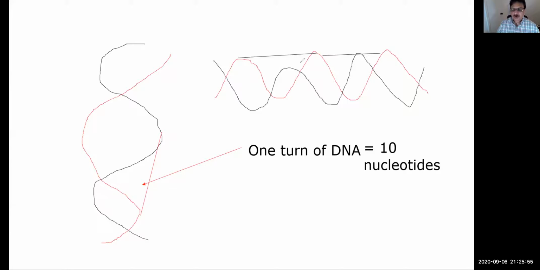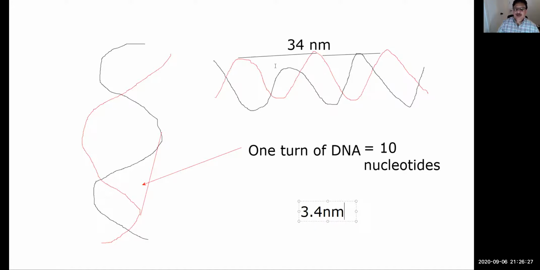So the distance of one turn is 34 nanometers, and the distance between two adjacent nucleotides is 3.4 nanometers.